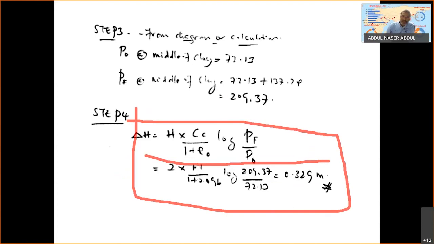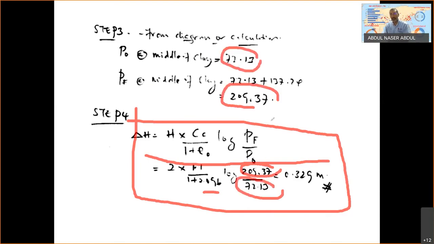E naught is 2.096. P final is 209, we just calculate it. P naught is 72. And then we got the delta H as 0.329 meter. So that is the calculation for delta H.